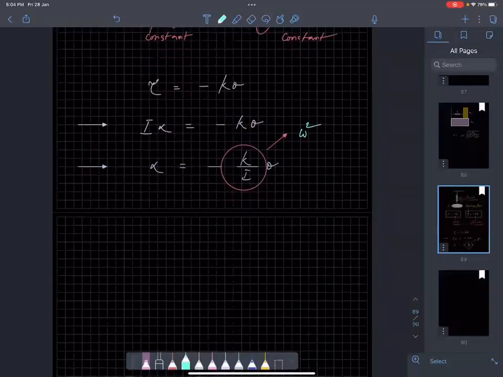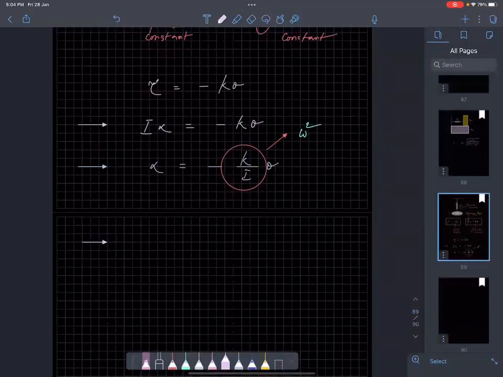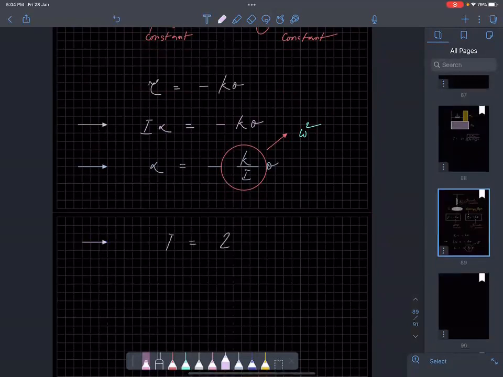Now tell me, what is the time period? T equals 2 pi under root I by K. So this is called torsional pendulum.